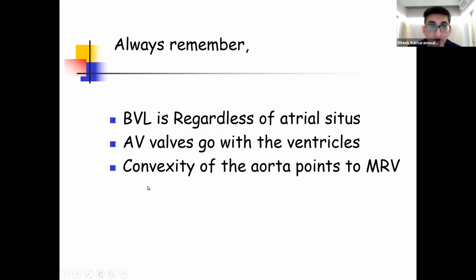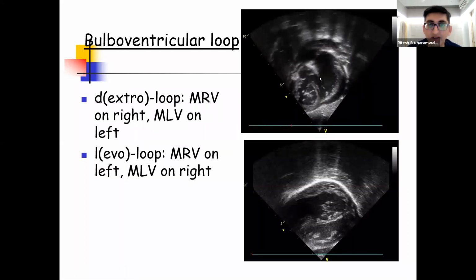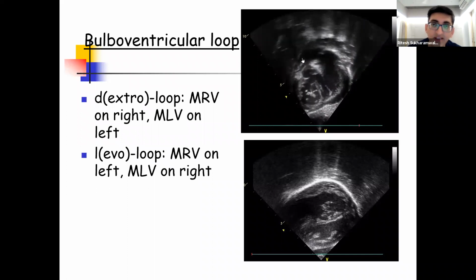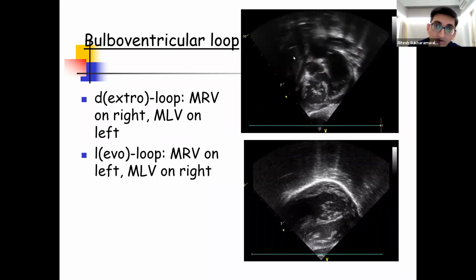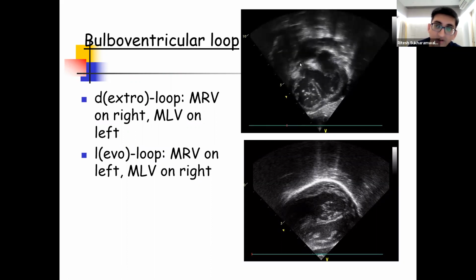And another important point is the convexity of the aorta points to morphological right ventricle. We'll go to the previous slide. What we can see over here is this is the right ventricle and this is the aorta. And the convexity of the aorta is towards the morphological right ventricle.